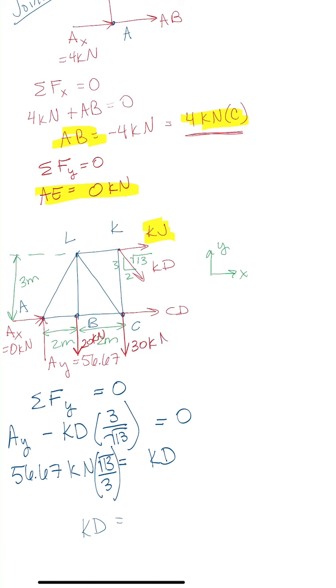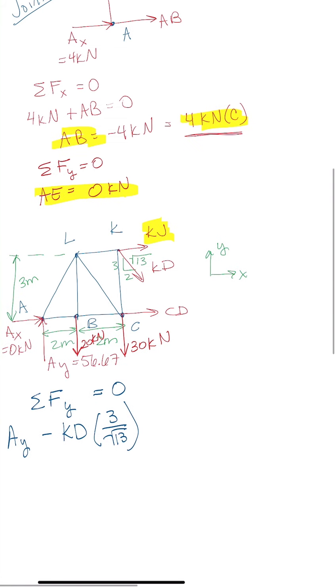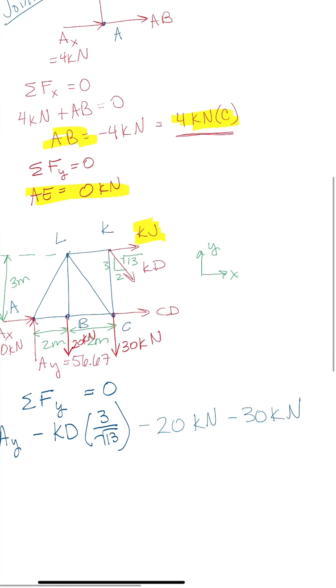So I'm just going to erase some of this. So we have AY minus that y component of KD, and then minus 20 kilonewtons, and then minus 30 kilonewtons. And that equals 0.